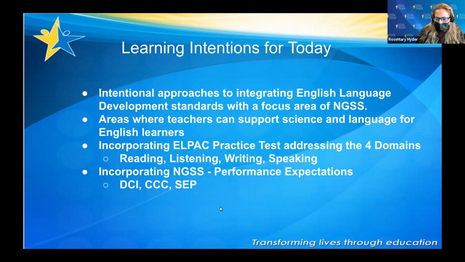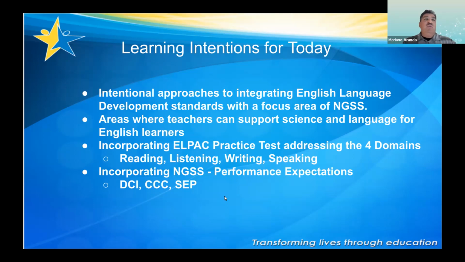Incorporating ELPAC practice tests when addressing the 4 domains of reading, listening, writing, and speaking. And then Mariano is going to be going through incorporating NGSS performance expectations with DCI, CCC, and SEP.